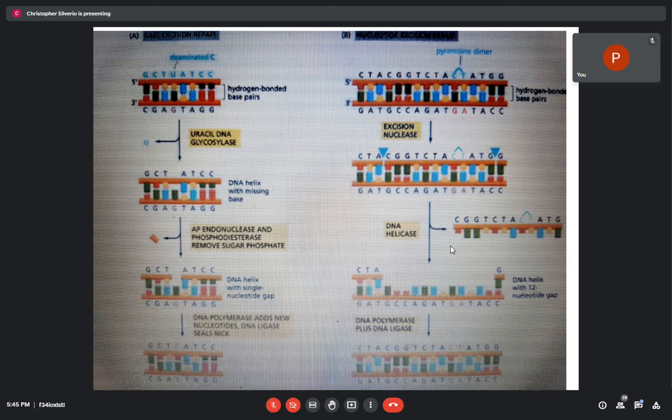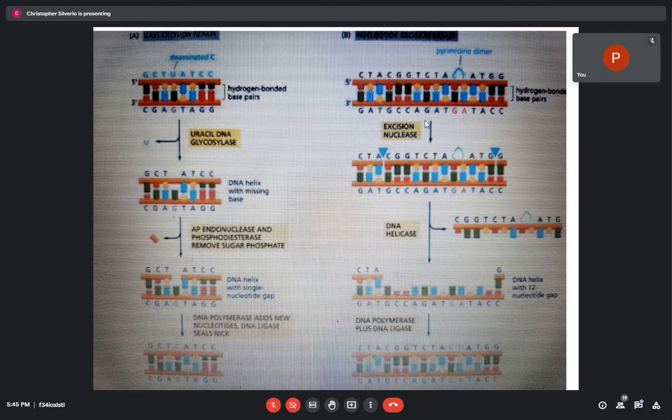And this is how a thymine or cytosine dimer is repaired or removed from the DNA strand. And here there are again four kinds of enzymes. Do you know the function of the helicase?